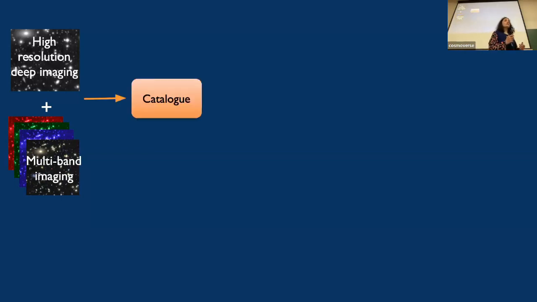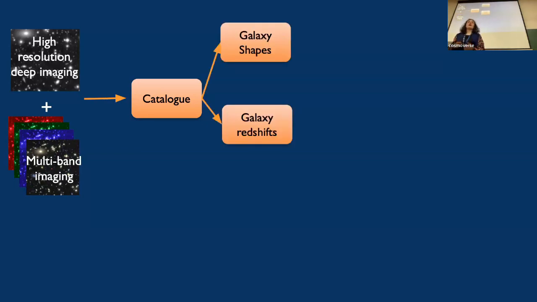And once we have these colors, we can divide the objects into galaxies and stars using the colors and make our catalogs. Then from our catalogs, we measure the shapes of the galaxies, which is one of the main ingredients we need. And we measure the redshifts of the galaxies using their colors that we got.